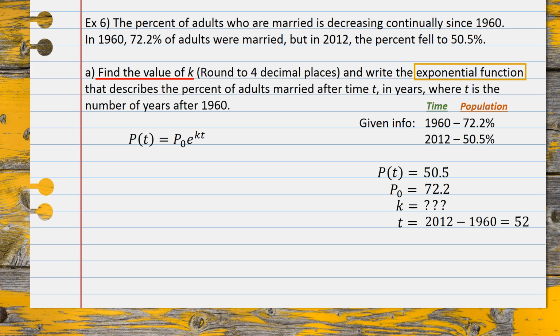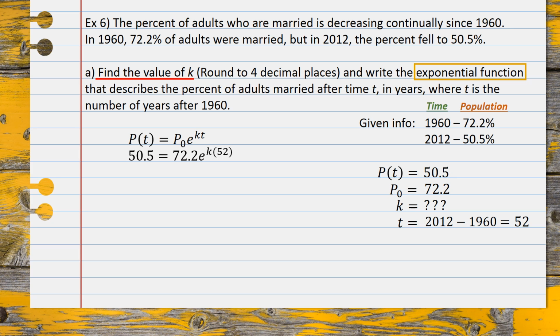Now let's plug this information into the equation. For P of t, we put a 50.5, for P naught, 72.2, and then for t, we plug in a 52. So our equation is 50.5 equals 72.2 e raised to the power of k times 52.